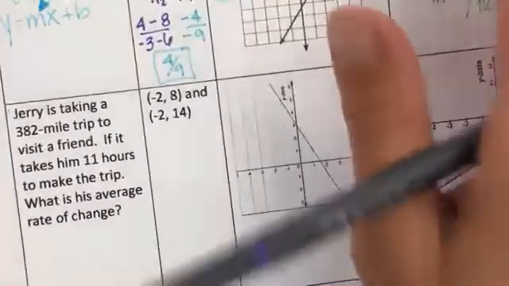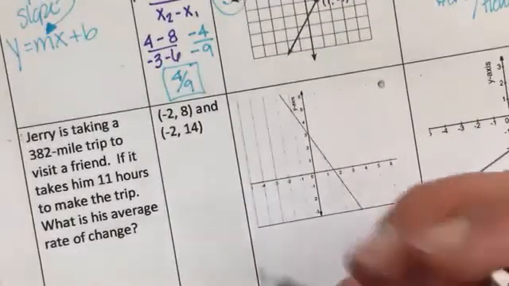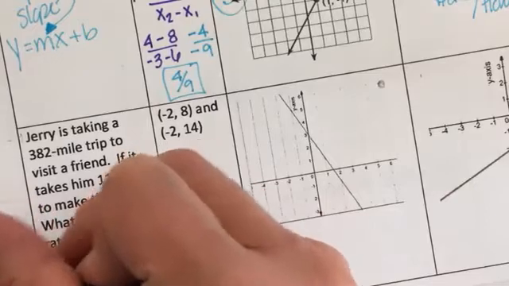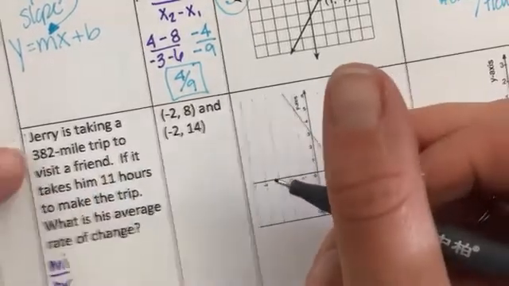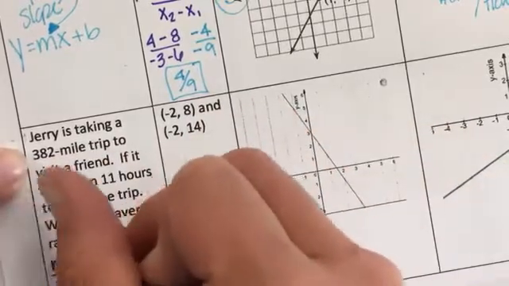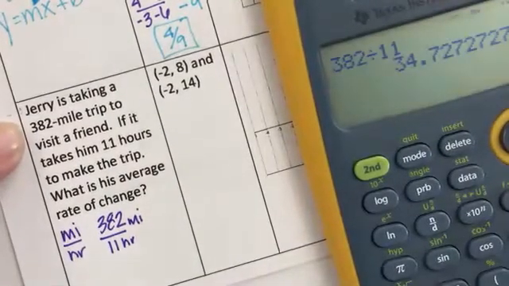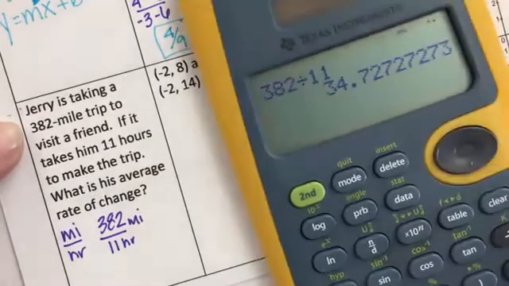We have to do something. If you think of the rate of something, miles per hour, yes, miles per hour. Well, we know that his trip was 382 miles, right? And it took him 11 hours. How do I get the true miles per hour? You divide them. So I'm going to take 382 divided by 11, and I get 34.7.